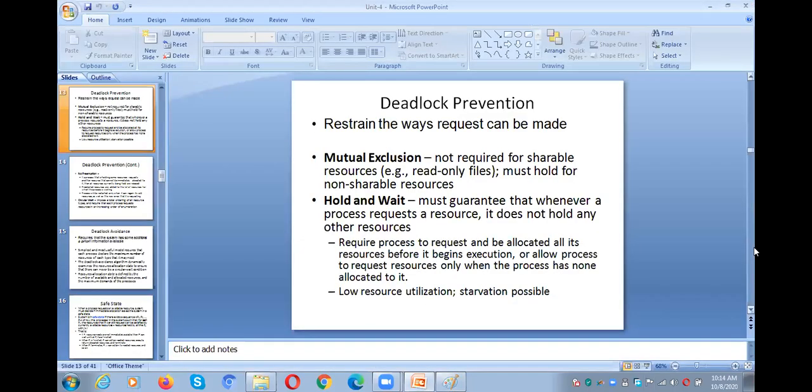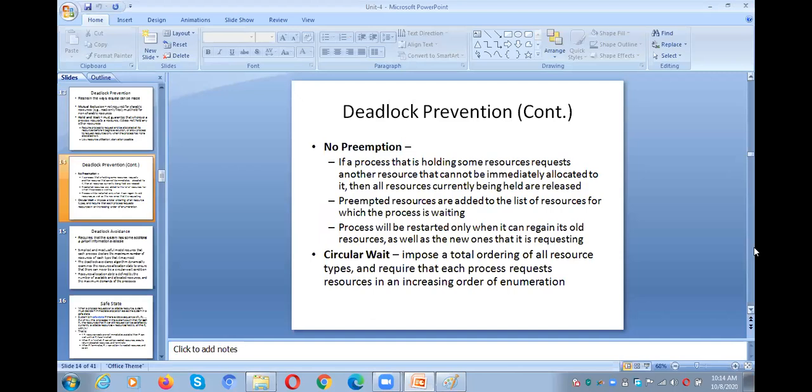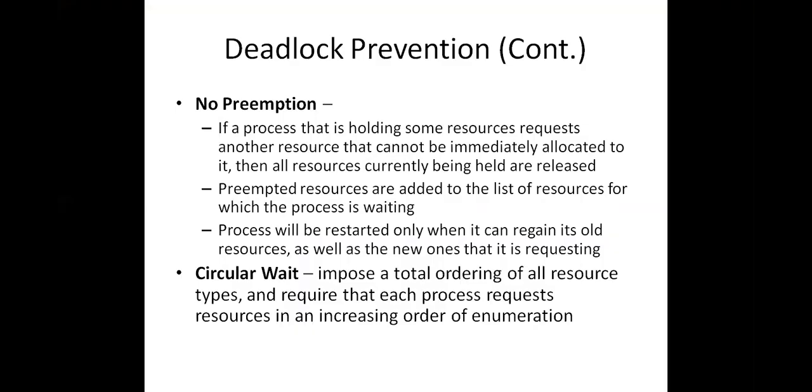And the next one, no preemption. What is no preemption? Read the first line, you can understand. If a process that is holding some resources requests another resource that cannot be immediately allocated to it, then all the resources currently being held are released.